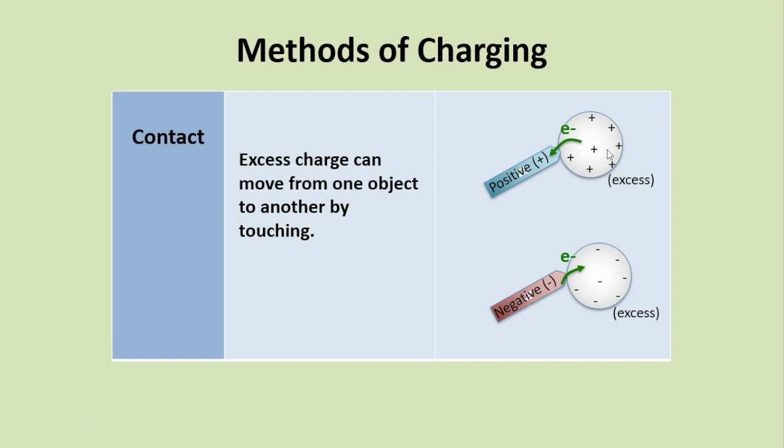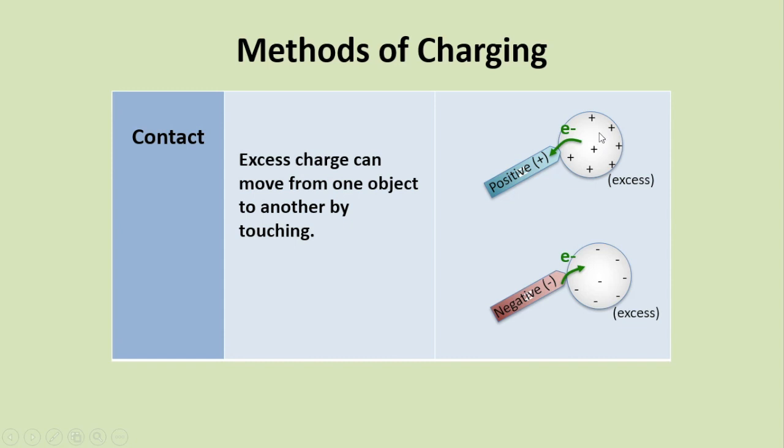Let's say that these objects over here on the right are originally neutral. So this sphere is neutral and this sphere is neutral. After touching, we notice that electrons jump from the neutral object to the positive object, because electrons are going to go to an area of less negativity, meaning that they're going to go to an area of the most positivity. As this neutral sphere loses electrons, it's going to become positive.